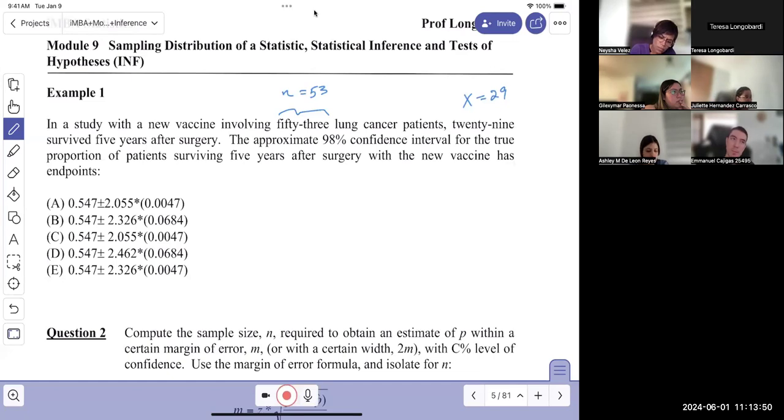And now, Laura, we are going to calculate p hat. P hat is X over N. Very good. 29 over 53. So what do we get? What's p hat?